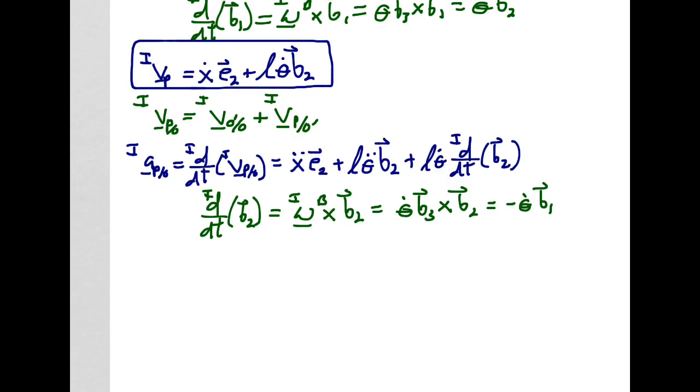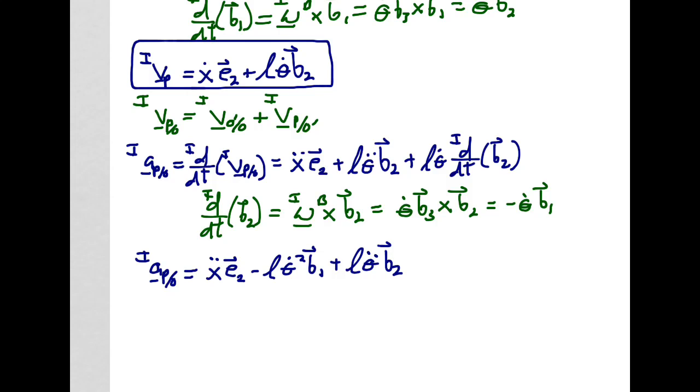So we substitute all this in, and we get the acceleration of P with respect to point O in the inertial reference frame is equal to x double dot in the E2 direction minus L theta dot squared in the B1 direction plus L theta double dot in the B2 direction. Okay, so there's our general expression.